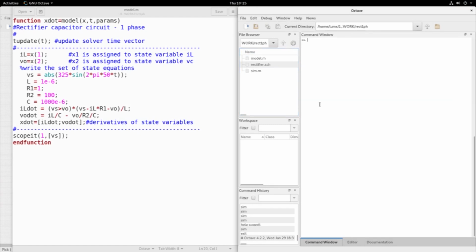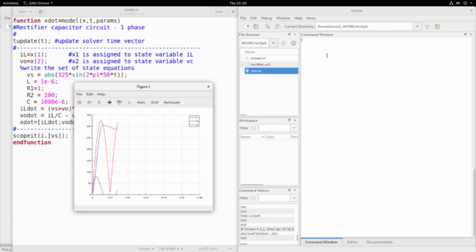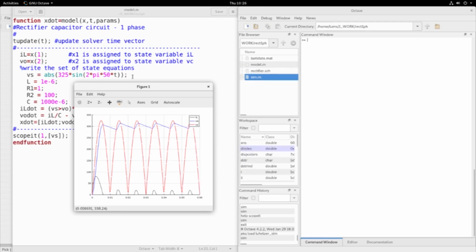Let me clear the command window, and I will do package load lu helper sim. So you have the helper scripts loaded to help you in the simulation. Now that you are in the rectifier single phase, I will run sim to execute the simulation. As you see here, the simulation is running for 60 milliseconds.